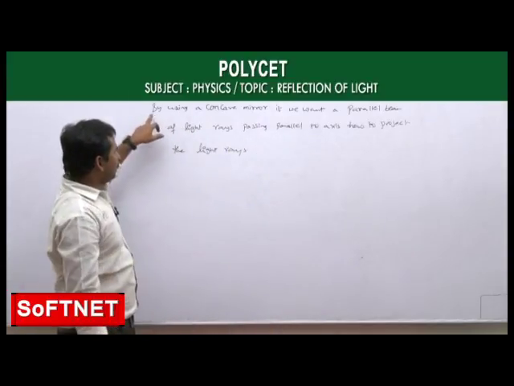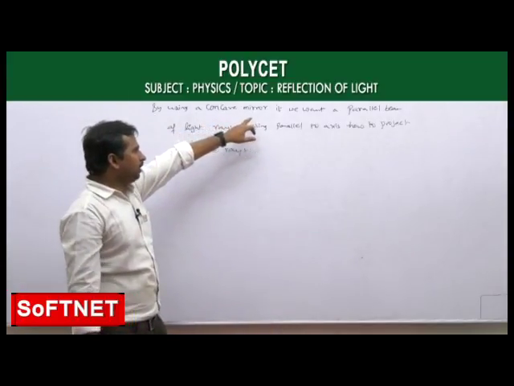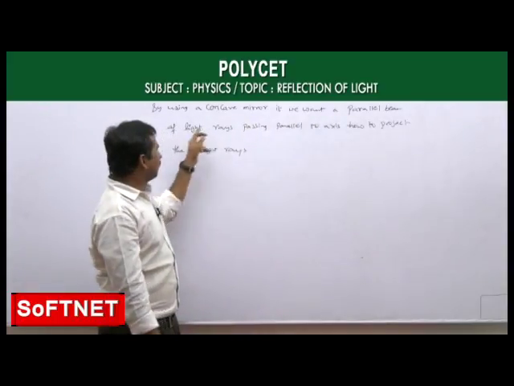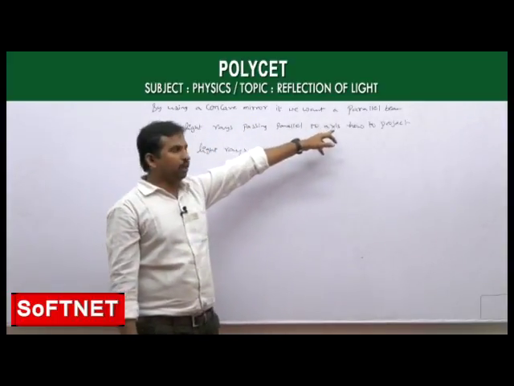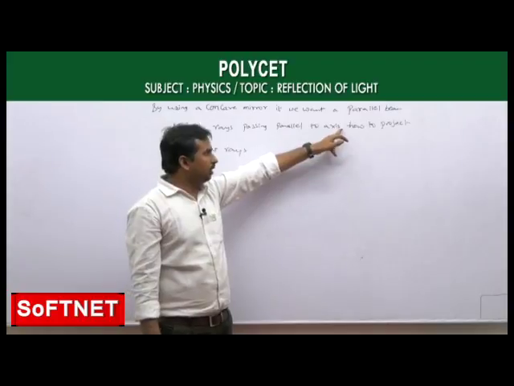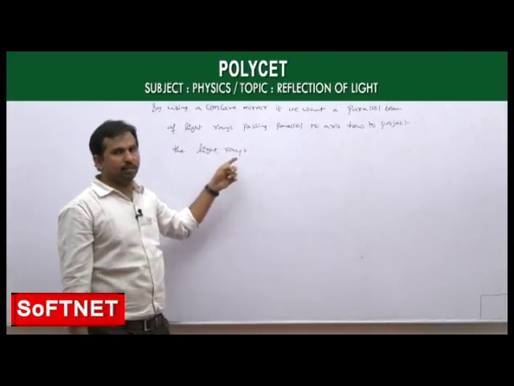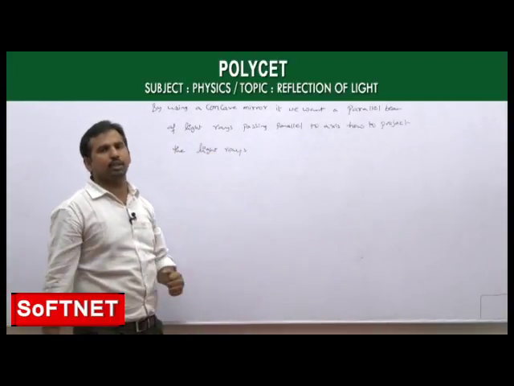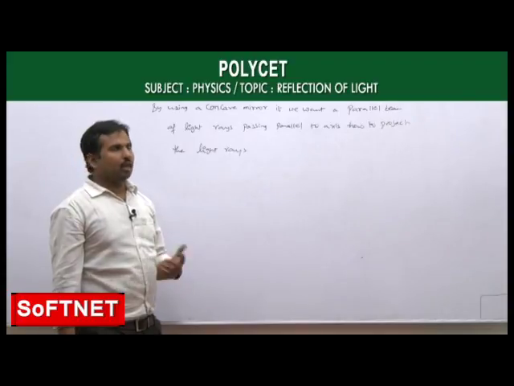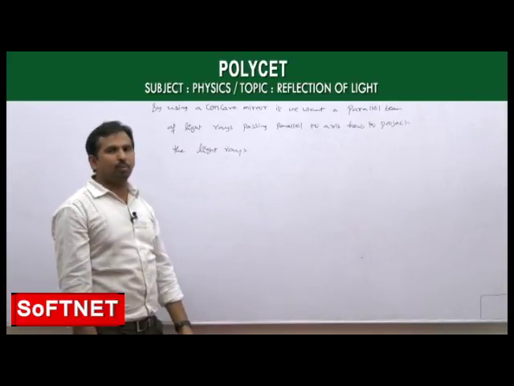So the question is, by using a concave mirror, if we want a parallel beam of light rays passing parallel to the principal axis, how to make the light rays incident on that concave mirror? Actually here we need a parallel beam of light rays.